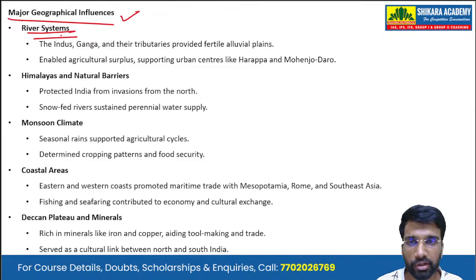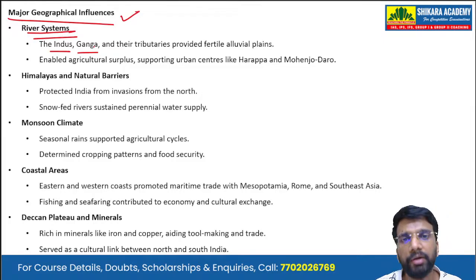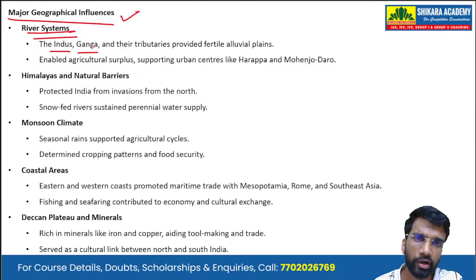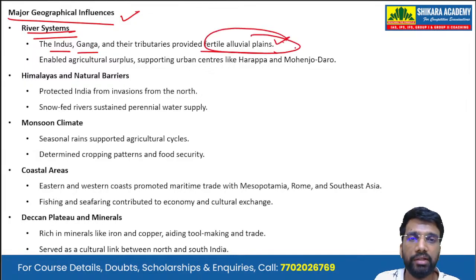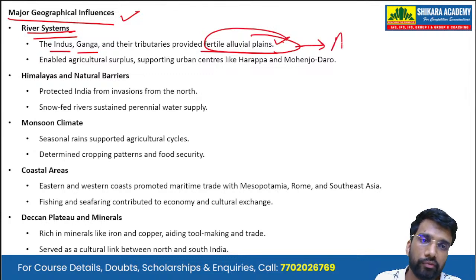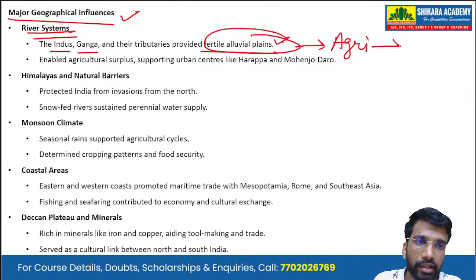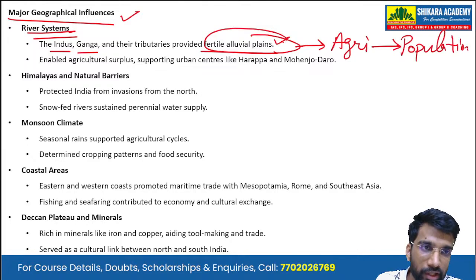So, major geographical influences include the river systems. We had major river systems such as the Indus, the Ganga and its tributaries, the Yamuna, and the Brahmaputra. All these rivers and their major tributaries provided very fertile alluvial plains. These alluvial plains were mainly used for agriculture, and this led to a rapid rise in population in these areas.